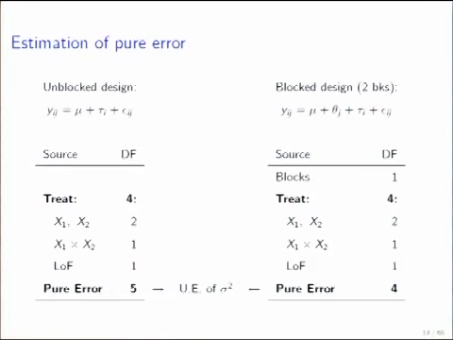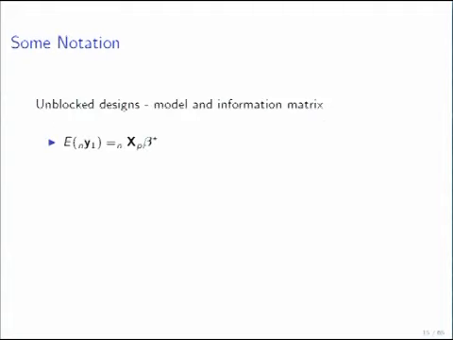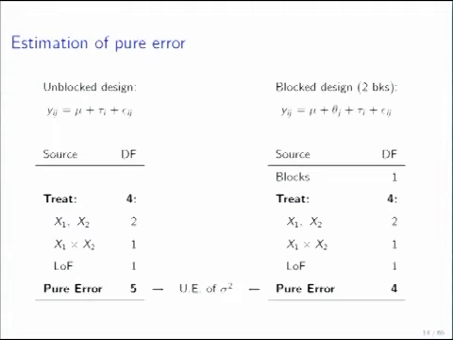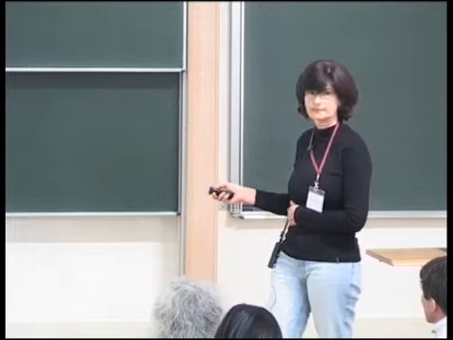So for blocking cases, we are considering that, as usual, there is no interaction between treatment and block effects, and so that, we can say, is pure error. So in both cases, if the design is unblocked or if it is blocked, we get an unbiased estimate for sigma squared.